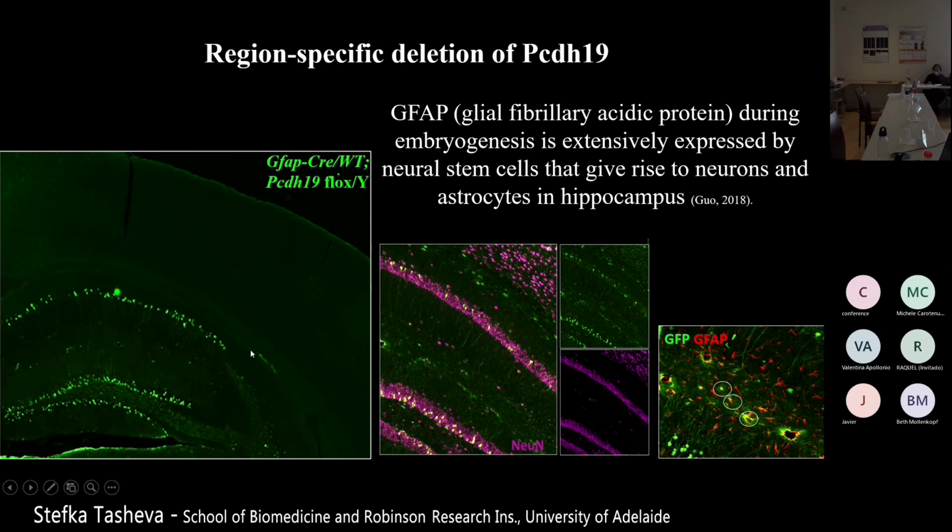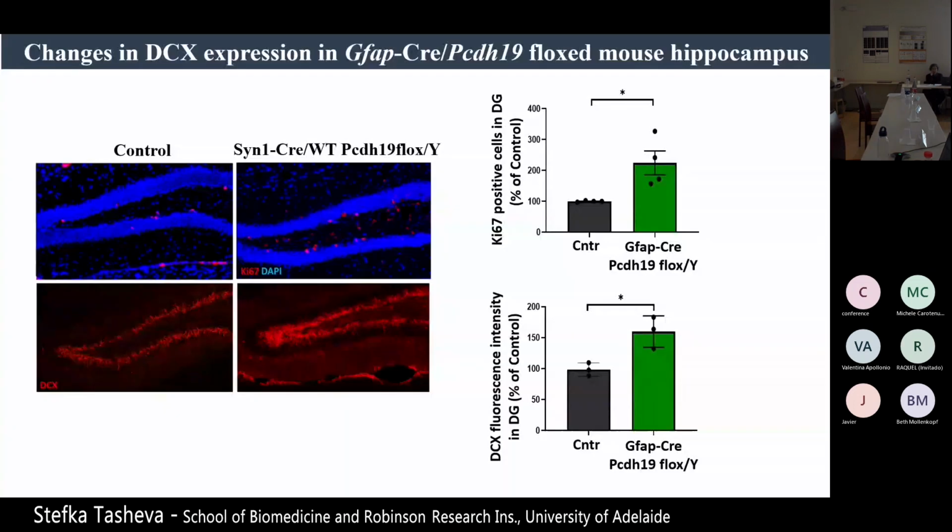in the hippocampal area. And we found that many of these GFP positive cells are neuron positive, and we have also seen some GFAP positive astrocytes that are also GFP positive in the CA1 area, which I have previously shown as an area where some astrocytes also express PCDH19. And again, we evaluated the neurogenesis, what really happens in this particular mouse line.